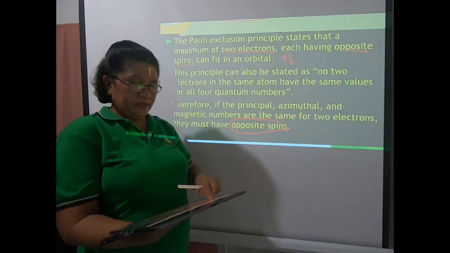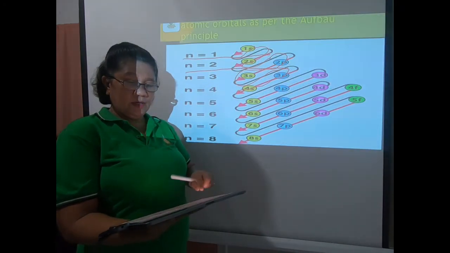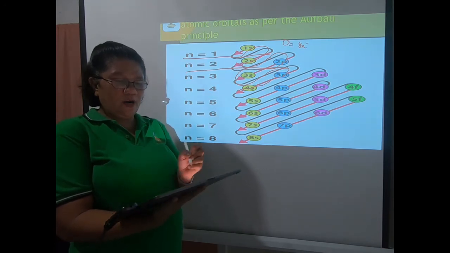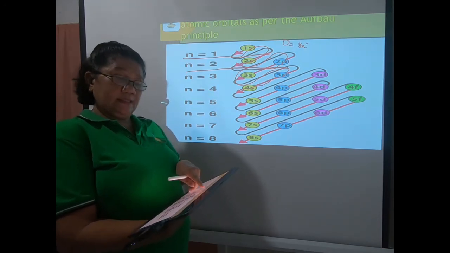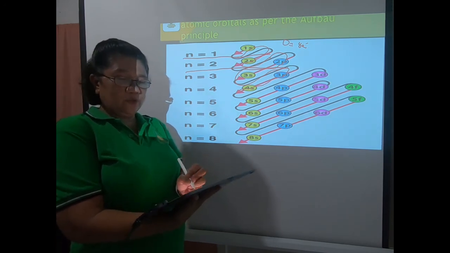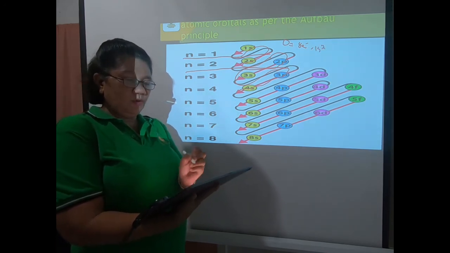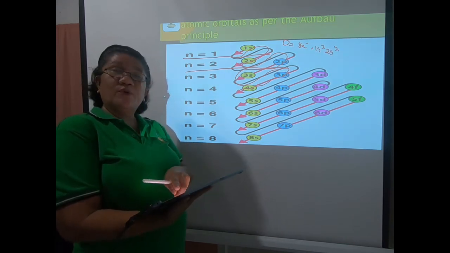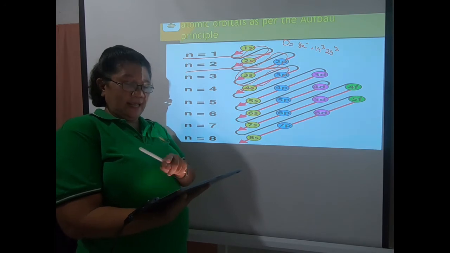Okay, so if you will have 8 electrons for oxygen, therefore following this filling up of your configuration, you will start with 1s2 followed by 2s2. There are already 4 electrons.